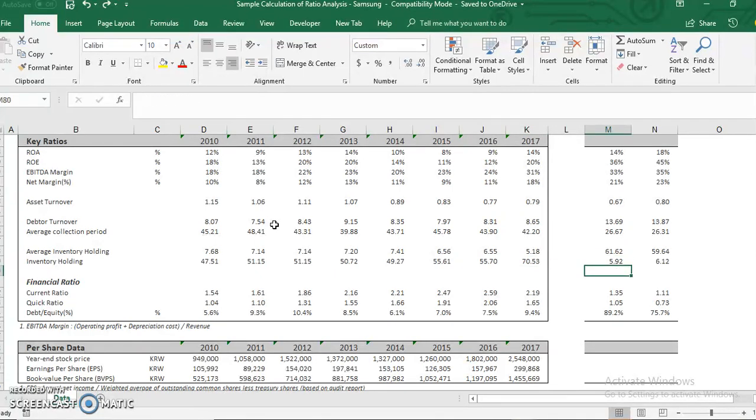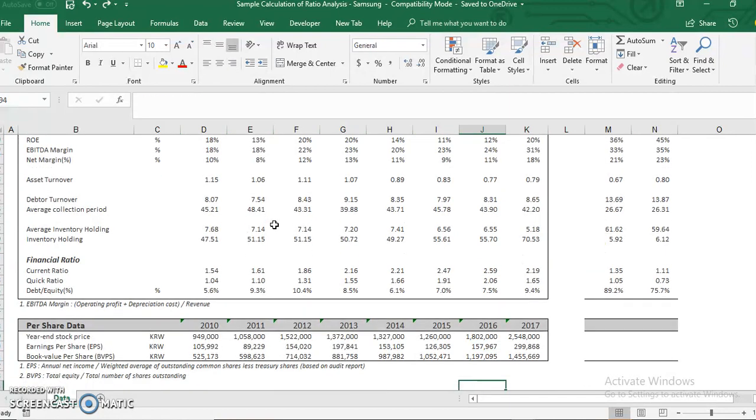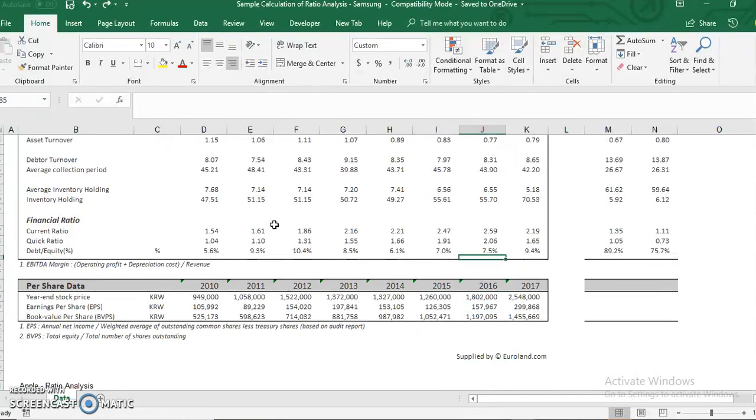No, I didn't calculate it wrong. The inventory holding period of Apple is only 9 days. So it means they are not producing too much, and all of their inventory is sold out very fast. While for Samsung it is pretty high. It can be different depending on how they are selling the models.